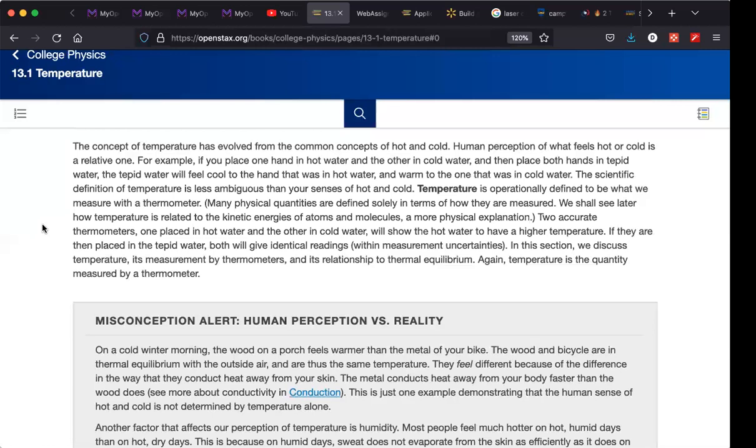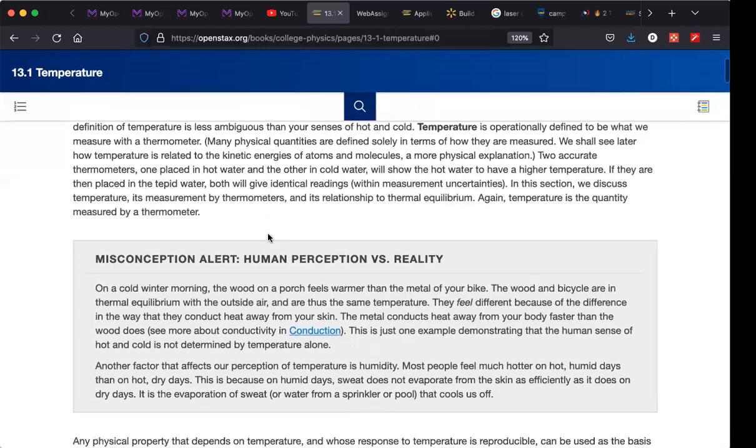One of the reasons that people misunderstand temperature is because of their nature. We live in a body that creates a lot of heat or a lot of thermal energy all the time. And the way that it does that is mostly by chemical processes, but also by movement.